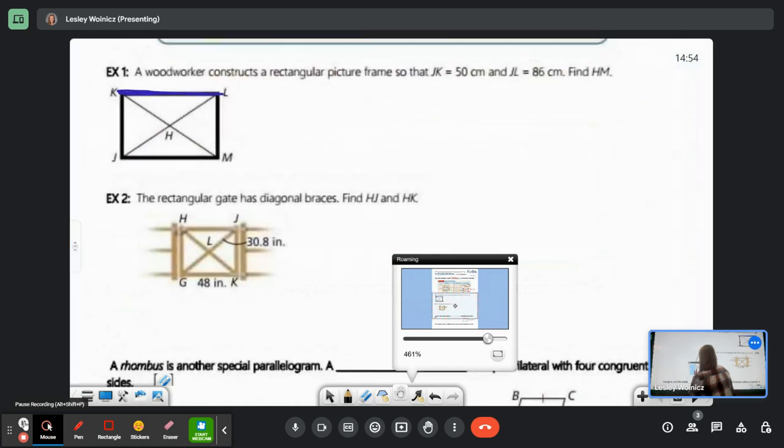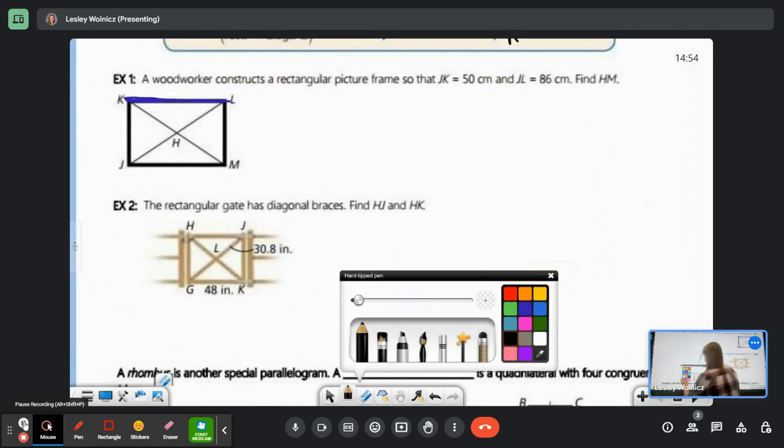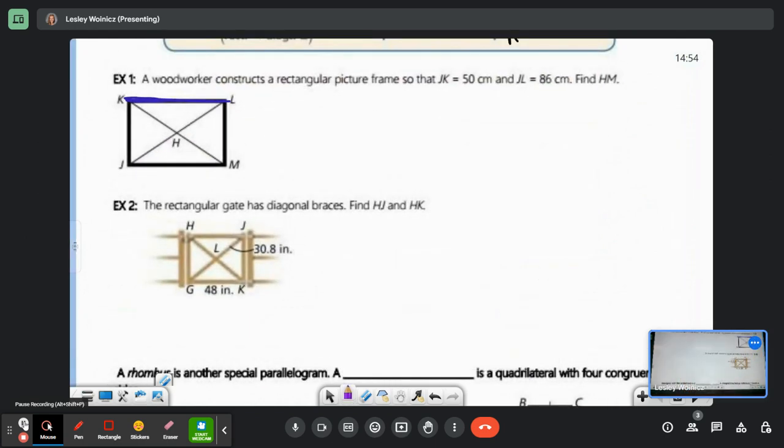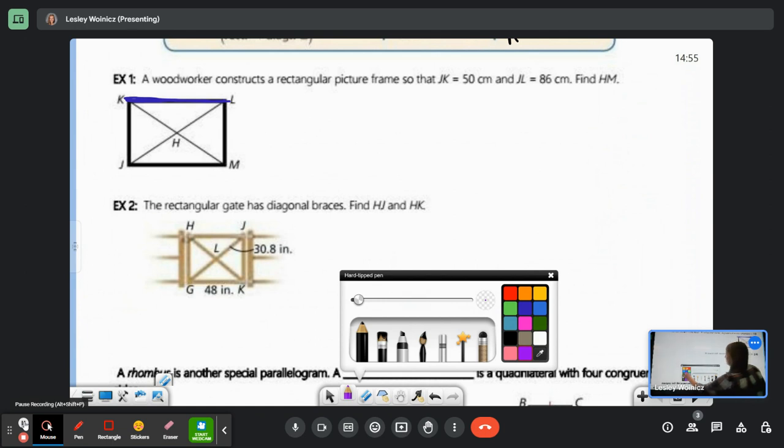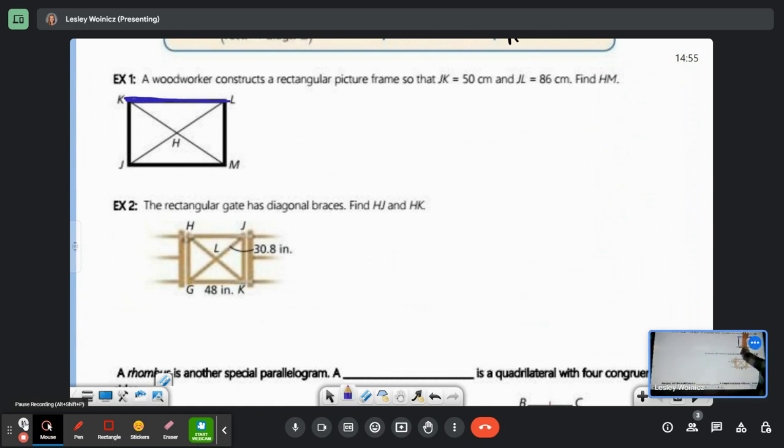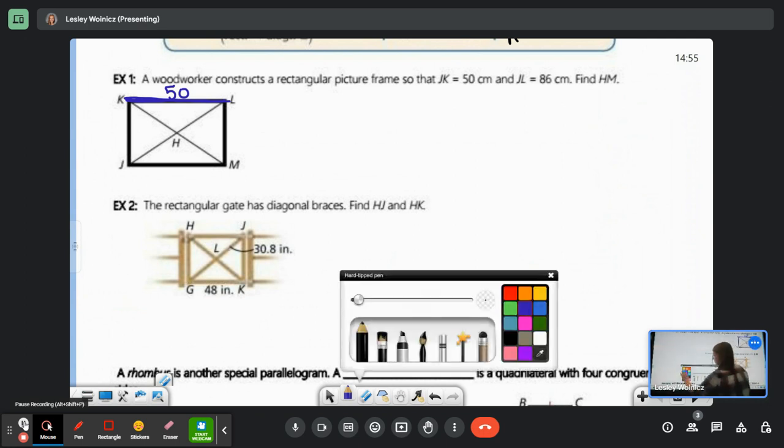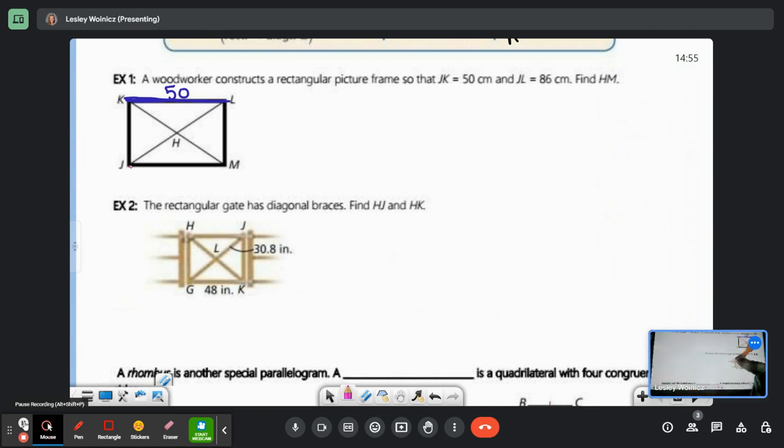Okay. So if we have a woodworker constructing a rectangular picture frame where JK is 50 and JL is 86, we need to find HM.